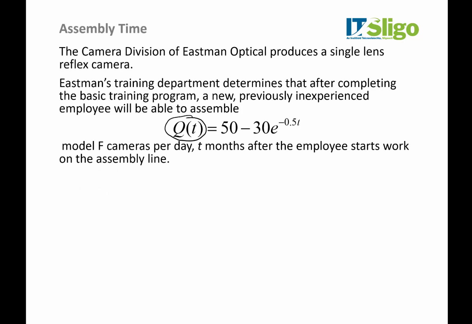Q is the quantity of cameras that an experienced employee would be able to assemble in a day. So T is in months, and it's the length of time the person has been employed after they've completed basic training.